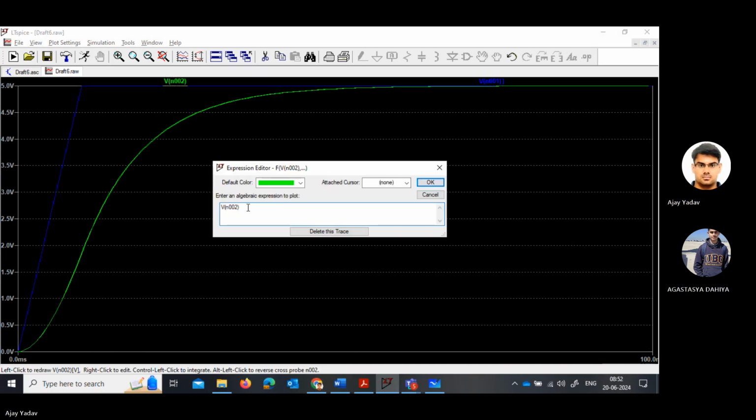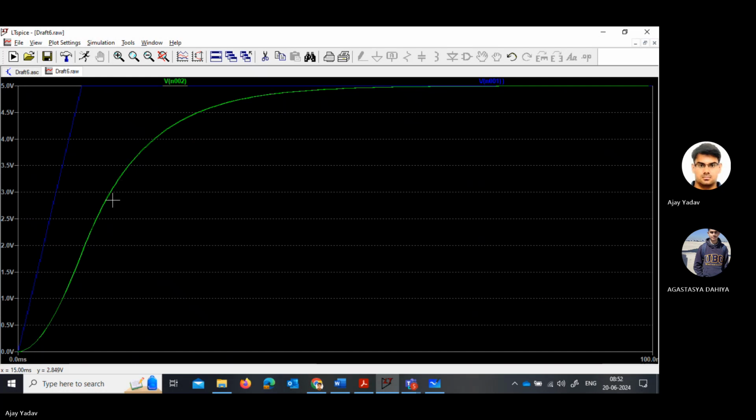Horizontal. What I want to say is that we need to obtain the value at 3.15. We need to check that this value should be around 10 millisecond, because RC is basically 10 millisecond here.